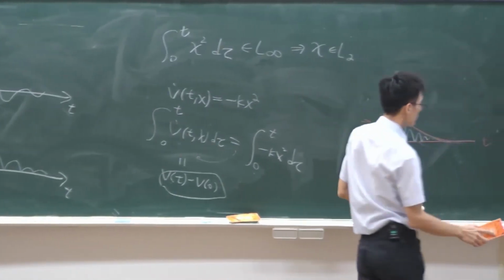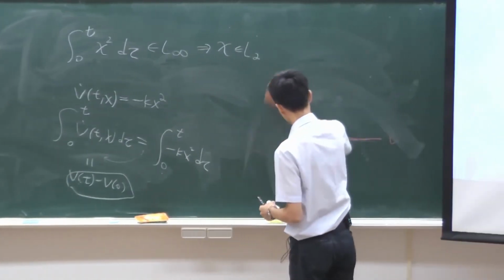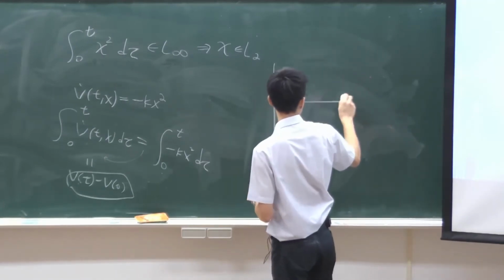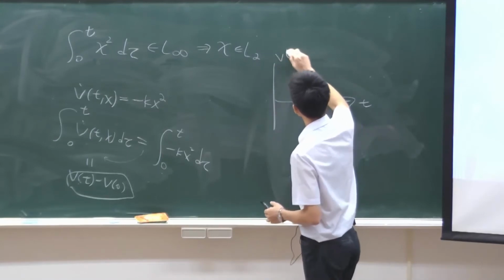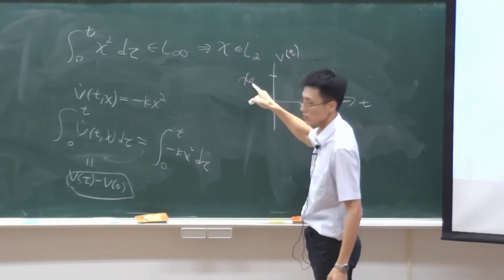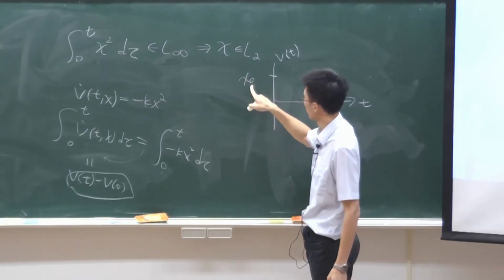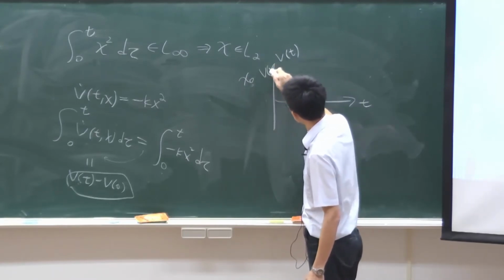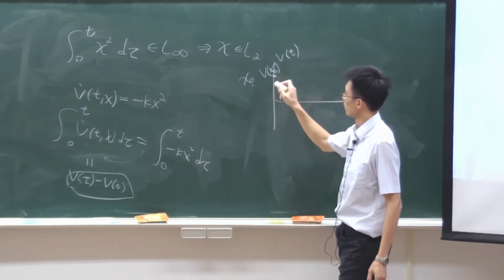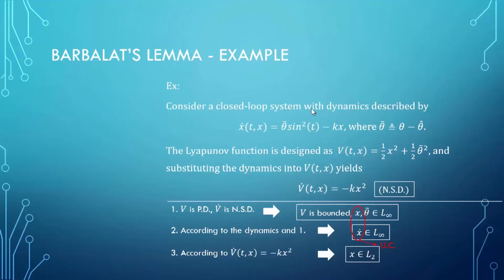So we know that, given some x0, if you start from some initial condition, which implies your V starts from some constant value, right?